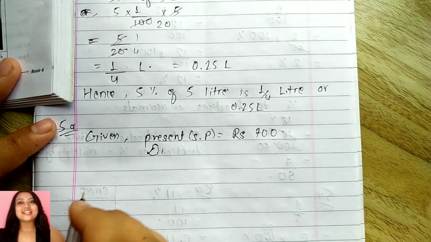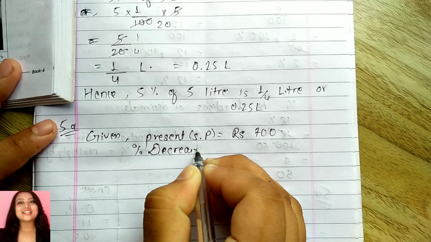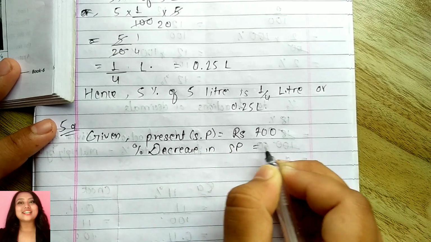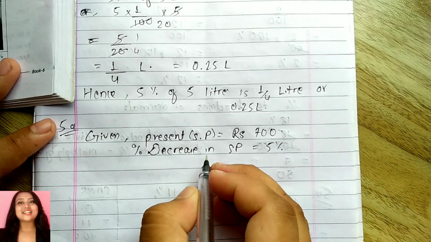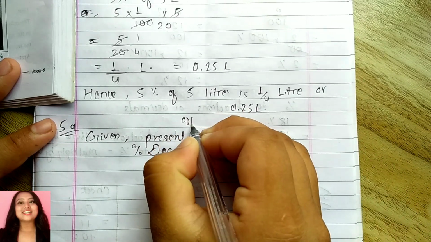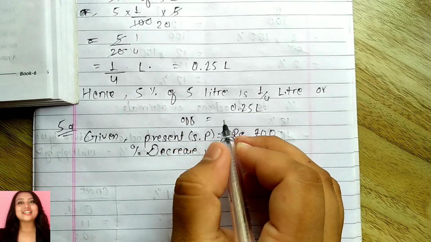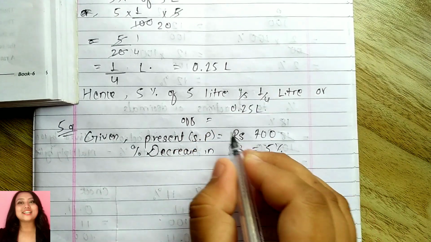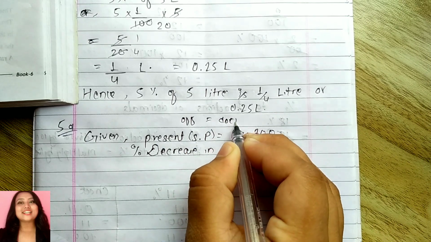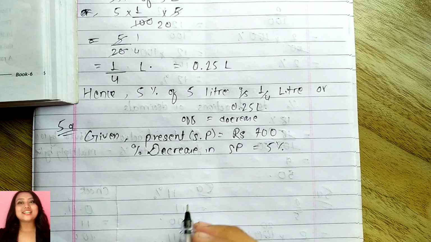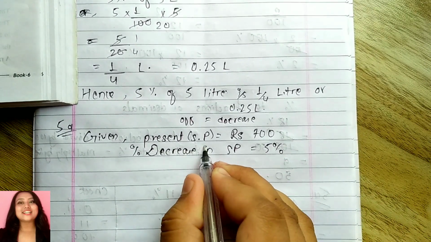So we can write percentage decrease in SP equals 5%, because that is the percentage decrease. Off means, if the market value has been given and the sale is off, such type of advertisement is given, then you have to know that this is the decrease amount. Decrease means less amount. So the percentage decrease in SP is 5%.